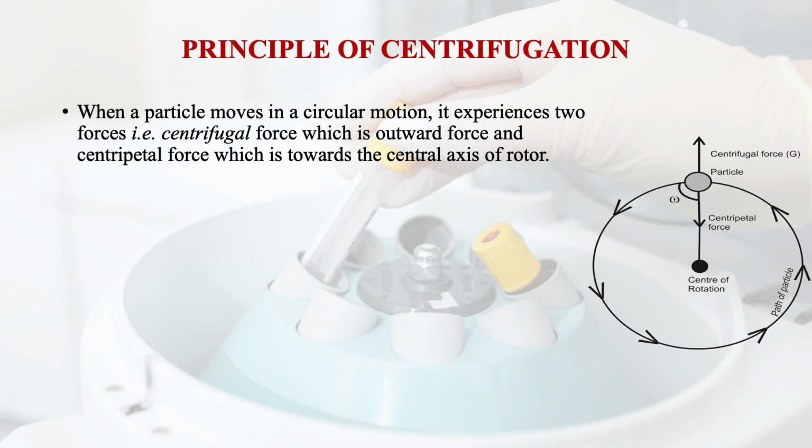Now consider a particle moving in a circular motion. What happens during the centrifugation process? Particles move in a circular motion and experience two forces: the centrifugal force, which is an outward force, and another force, the centripetal force, which is an inward force acting towards the central axis of the rotor.